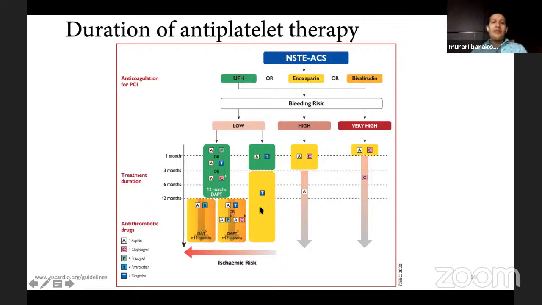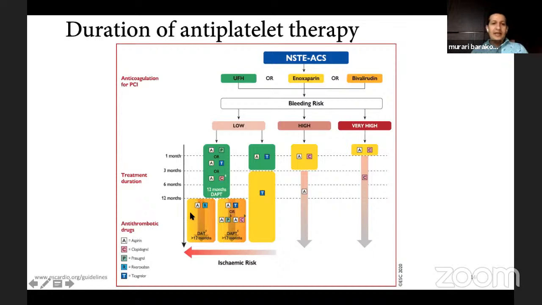In general, we have to give for 12 months. So we can give either aspirin with prasugrel, aspirin with ticagrelor, or aspirin and clopidogrel. After 12 months, if there is a high ischemic risk but low bleeding risk, we can extend, as we have told before, up to 30 months in general.